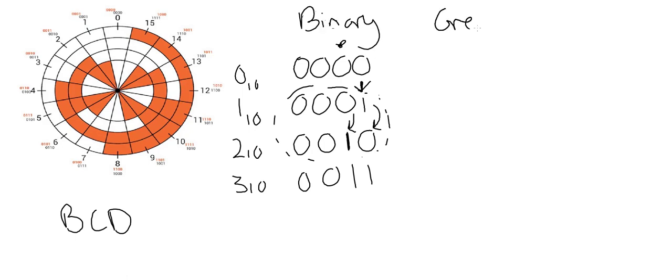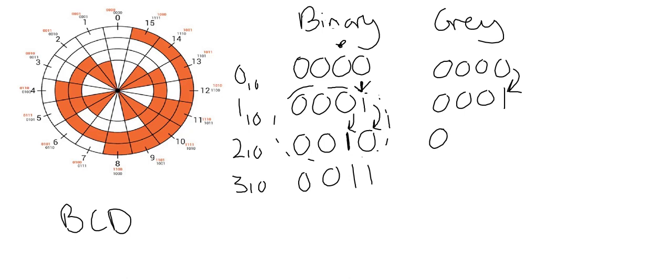The gray code, again, you start with 0, 0, 0, 0. And then with 1, you have 0, 0, 0, 1. There's only one change in the number. Then this stays 1, and this becomes 1.